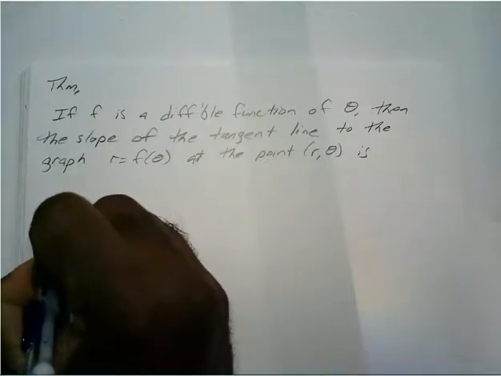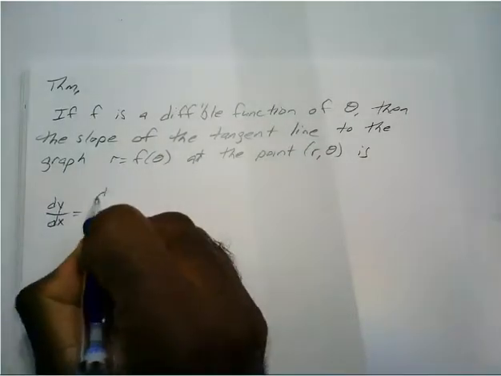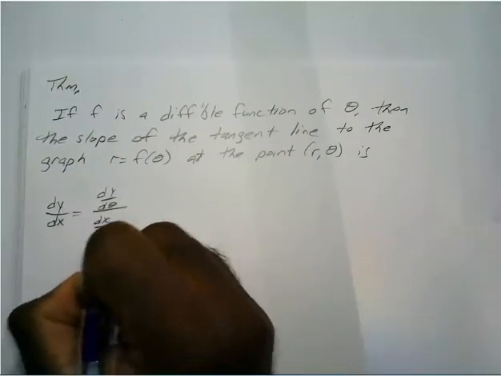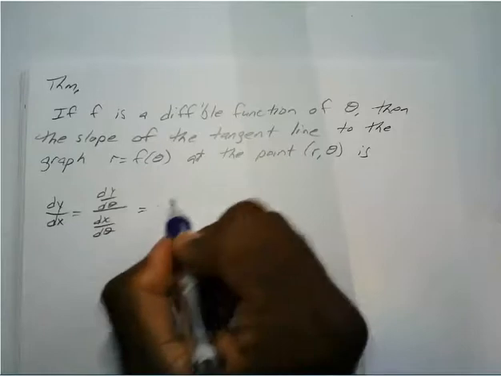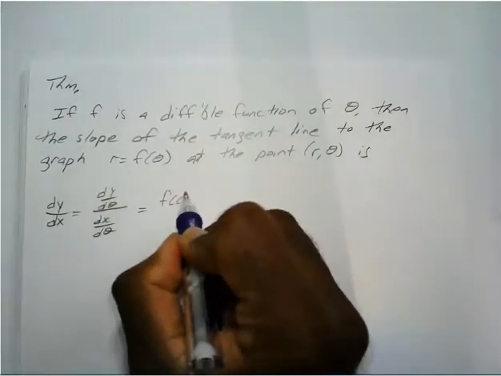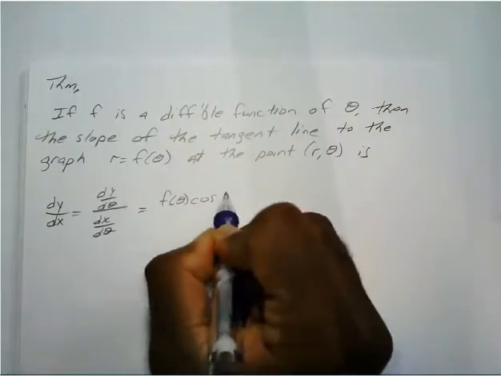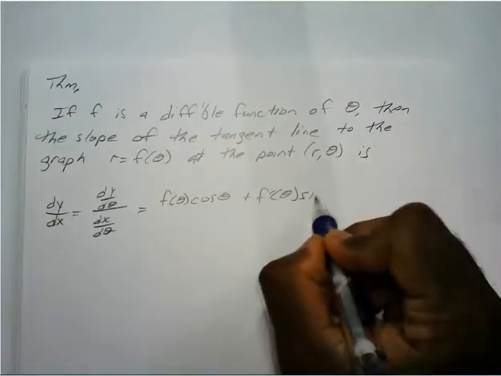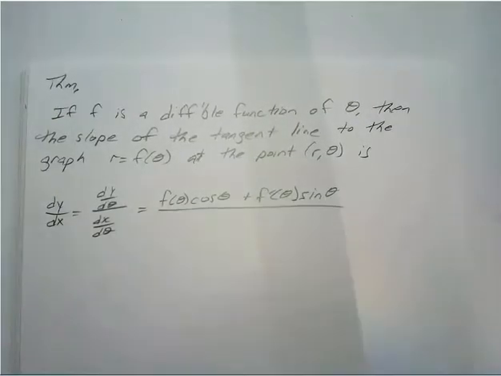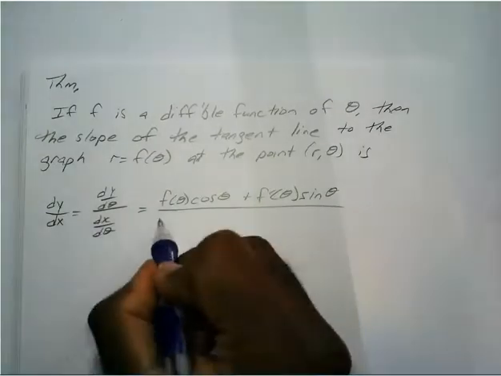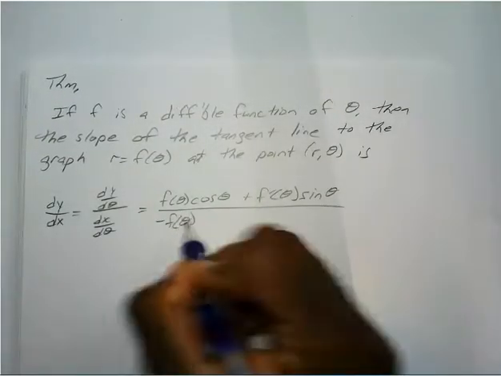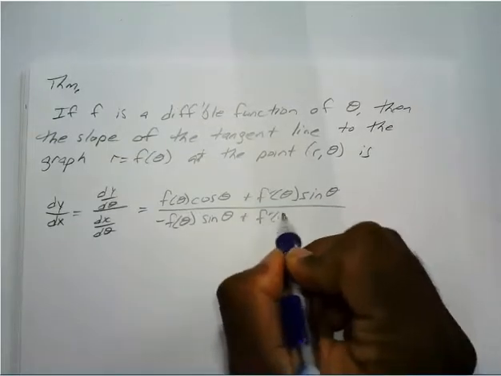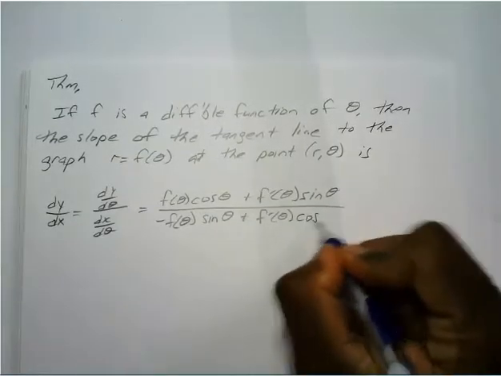dy dx, which is dy d theta over dx d theta, is equal to f of theta cosine theta plus f prime of theta sine of theta, all over negative f of theta sine of theta plus f prime of theta cosine of theta.